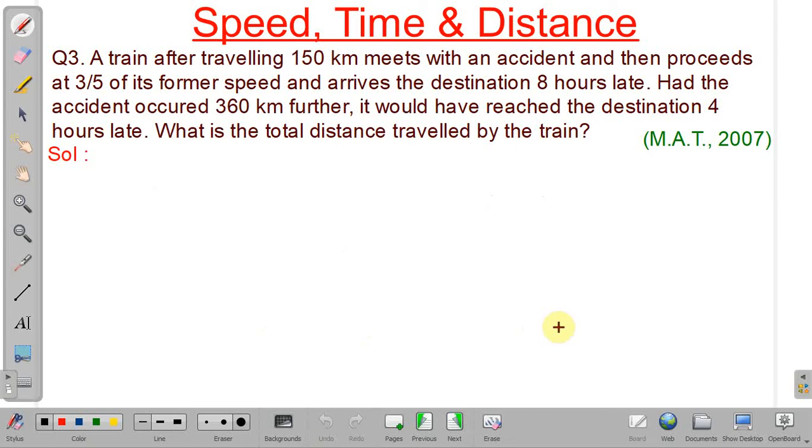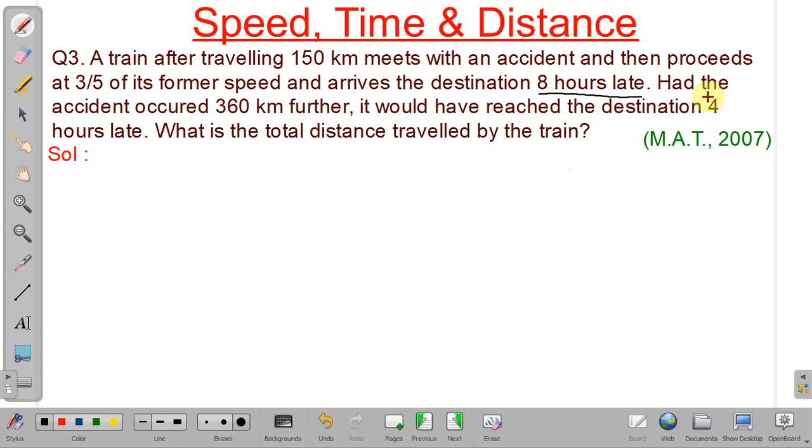See, in this problem it is given a train after traveling 150 kilometer meets with an accident, and after the accident its speed has reduced to 3 by 5th of the original speed and it arrives at the destination 8 hours late.